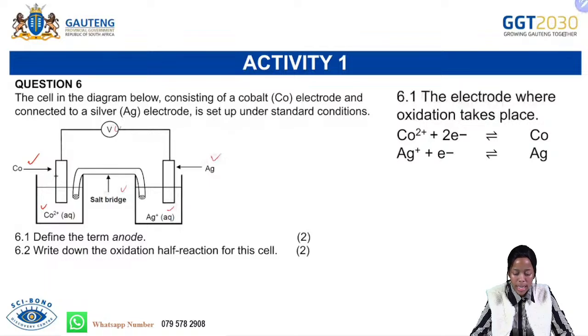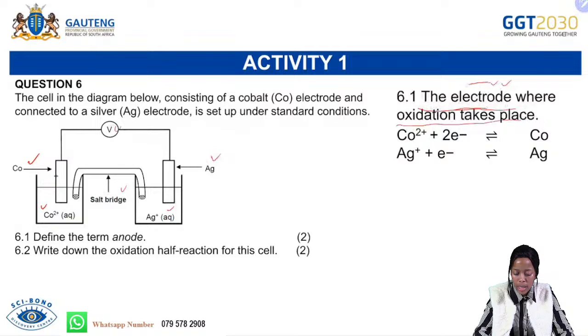So it says here the electrode, so the definition for the anode. Remember, when it comes to the exam, we are going to be dealing with the keywords. So the keyword here is the word electrode. It says the electrode where oxidation takes place.